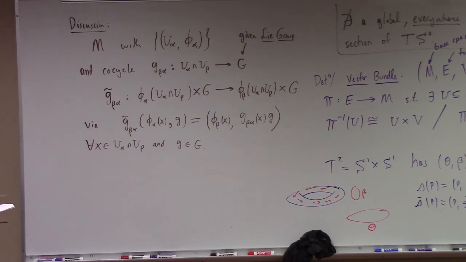So then what? He says, we wish to emphasize that the expression G beta alpha of X times G is the left action of an image of a cocycle.